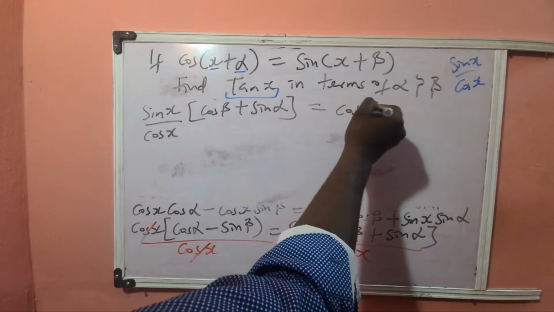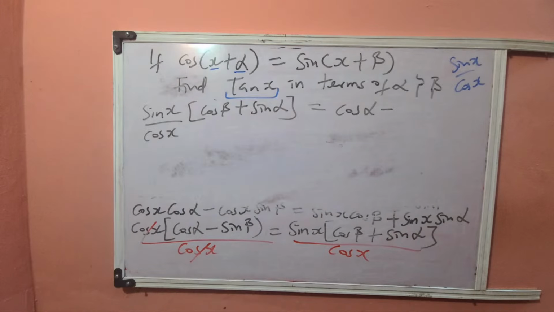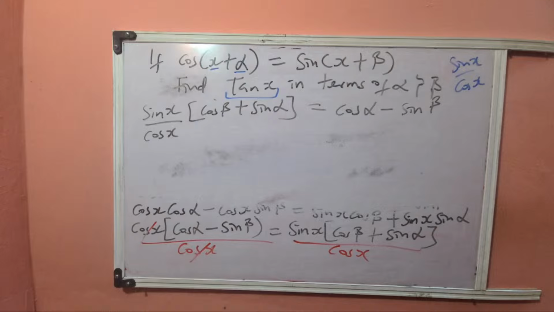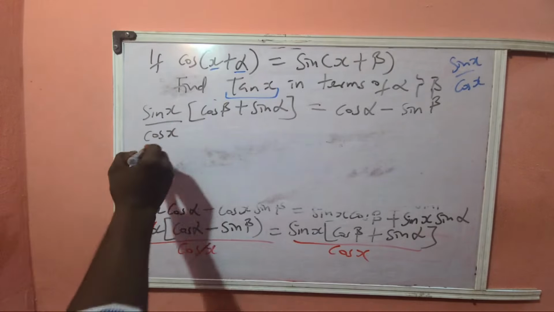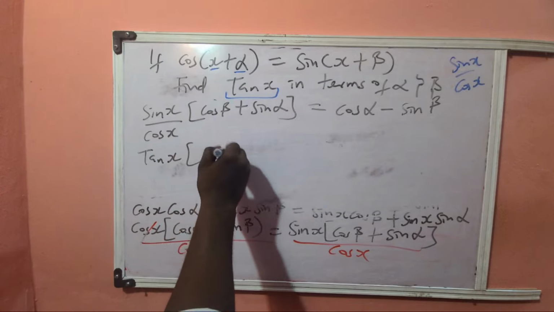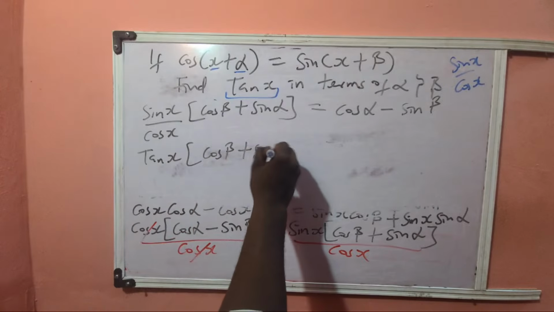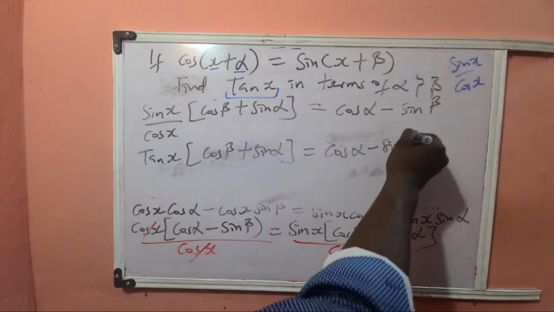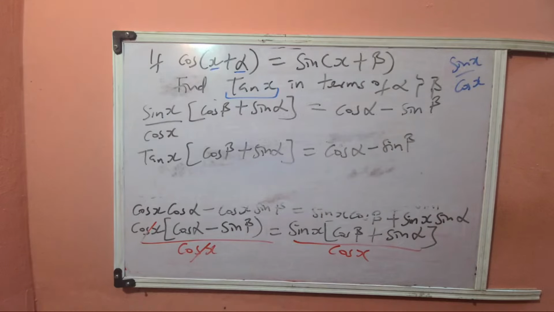This is cos alpha minus sine beta. You can see how interesting this is. So obviously, it's not wrong if I write my sine x over cos x now as tan x. Tan x, then cos beta plus sine alpha equals cos alpha minus sine beta. I'm sure you guys are flowing with what's going on here.